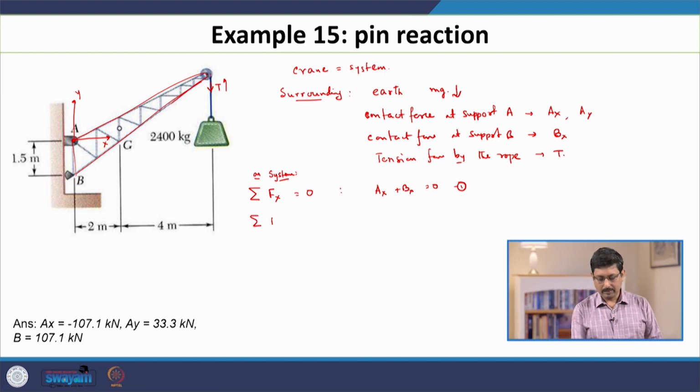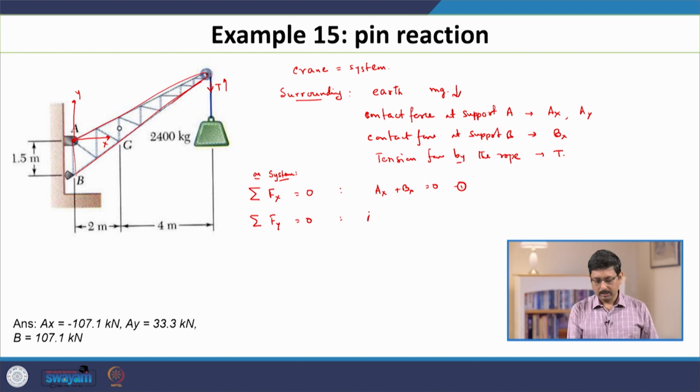Similarly, the total force in the vertical direction must also be 0. These equations come from the condition of mechanical equilibrium. What are the forces in the vertical direction?